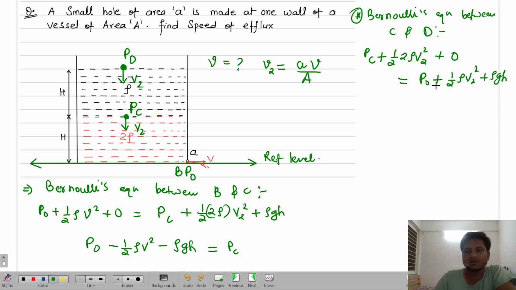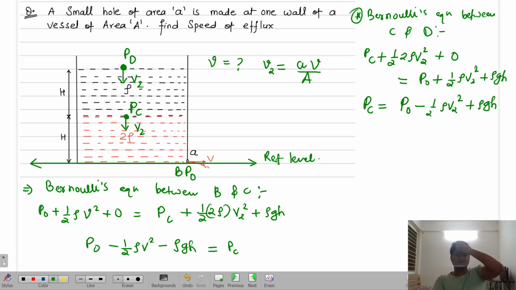Is that clear? So PC will be equal to, you have the relation, P naught minus, once again, half rho V2 square plus rho GH. Are you able to get me?